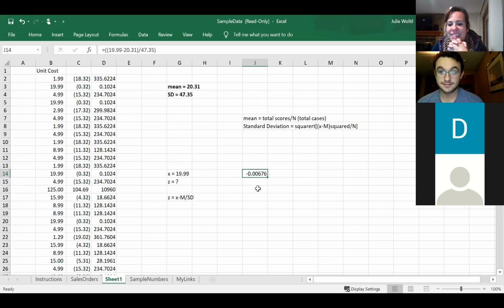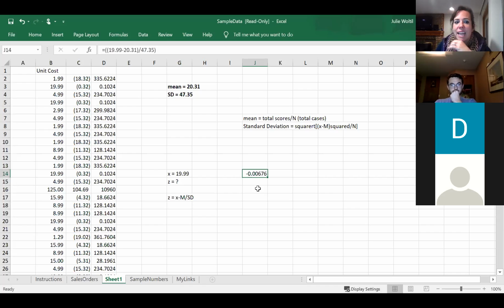So what does that tell us? It would be close to the middle. Exactly, right? So with the z-score, we know that the mean is what? 0. Yes, the z-mean is 0.